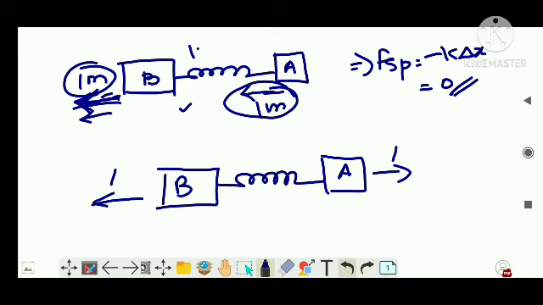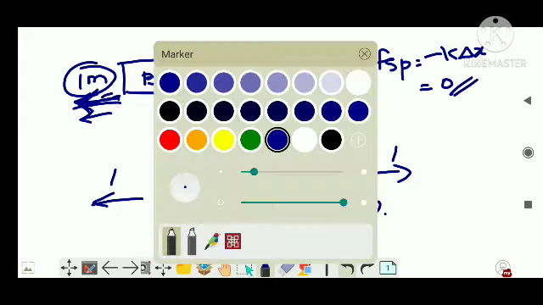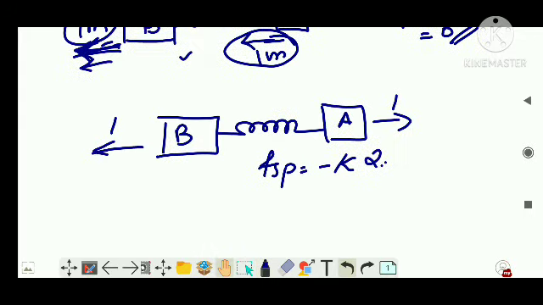So there is a total extension of 2 meters. So FSP will be minus k times the net elongation of 2 meters, so it is 2k. K in the question is 100, so FSP will be minus 200 Newton. Clear?